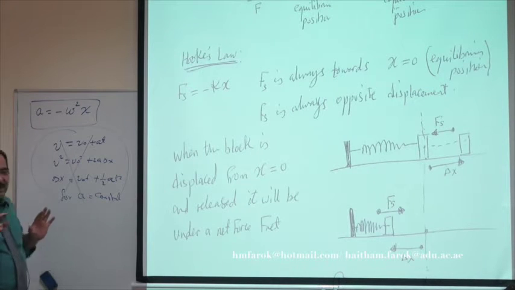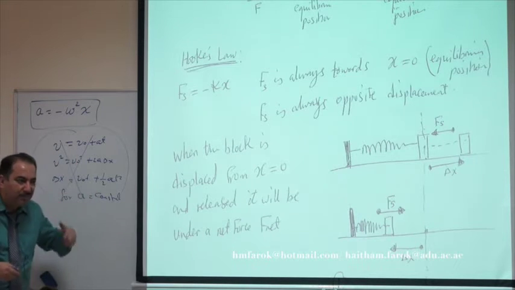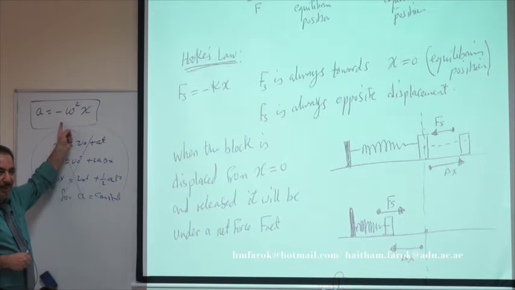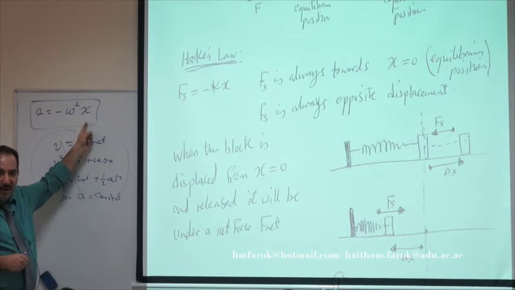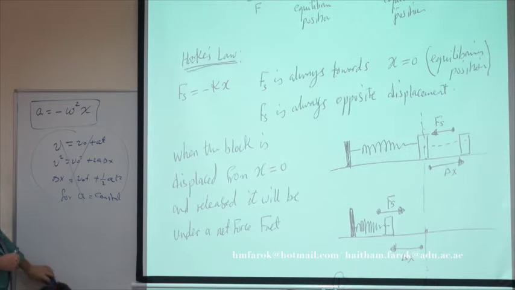So now our job is, what is the velocity function for something oscillating? What's the acceleration function? Of course, you know what's the acceleration function. Minus omega square x. Yeah? This is for a spring oscillating. Okay?